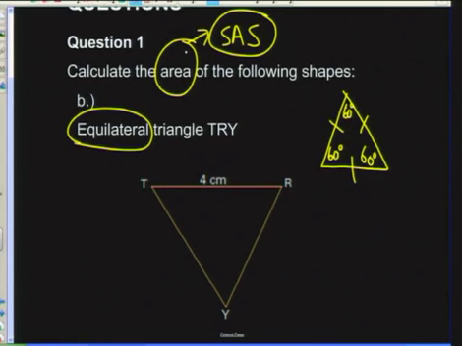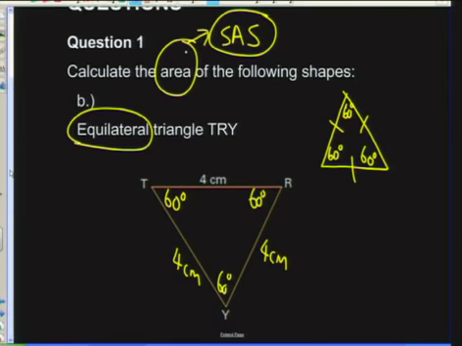And so coming back and filling that information here means that each angle is 60. And if one length is 4, then all lengths are 4 centimeters. And now the SAS is easy because we're sandwiched between 4 and 4 with a sine 60.